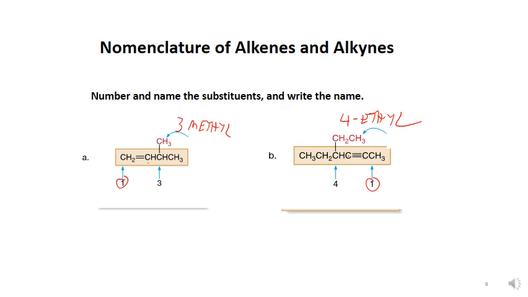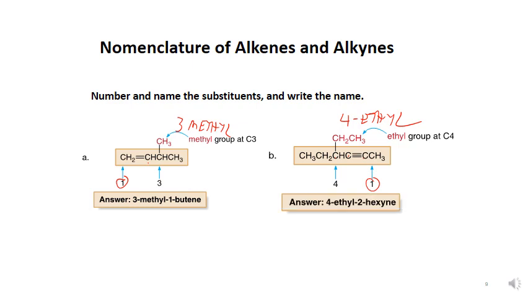Okay, so there's only one substituent, so we just tack those on. Methyl group at carbon 3, ethyl group at carbon 4. So we stick those on, and then we write in what we had before. So 3-methyl, then 1-butene, and 4-ethyl, 2-hexyne. Not too bad.